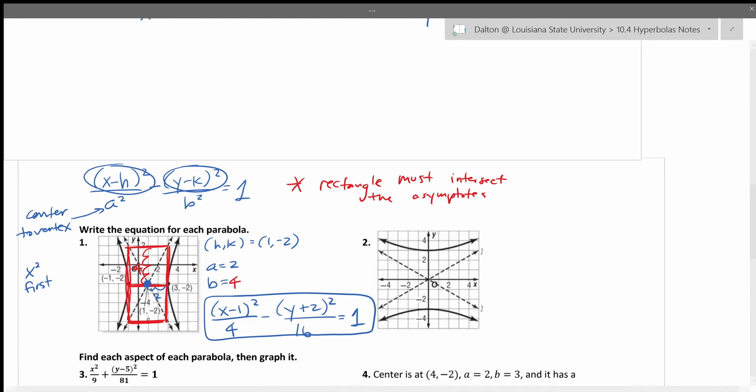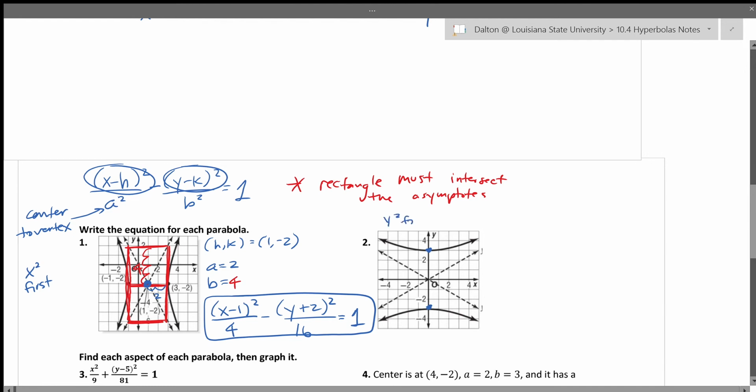Okay, number 2. Same directions, I want you to write the equation. The first thing I like to pay attention to is which variable will come first. Since this hyperbola is flipping up and downward, in other words its vertices are vertically related, I know that my y squared term is going to be first.